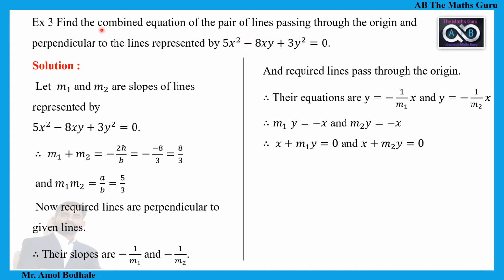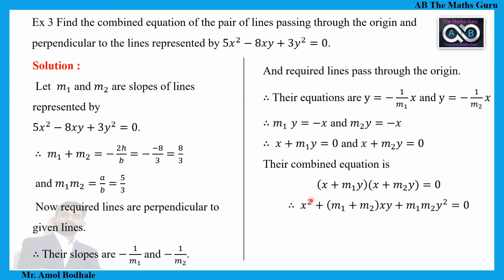Now we have to find their combined equation. So their combined equation is the product, that is (x plus m1y) into (x plus m2y). We will simplify this. So we will get x square plus (m1 plus m2) into xy plus m1 m2 y square.